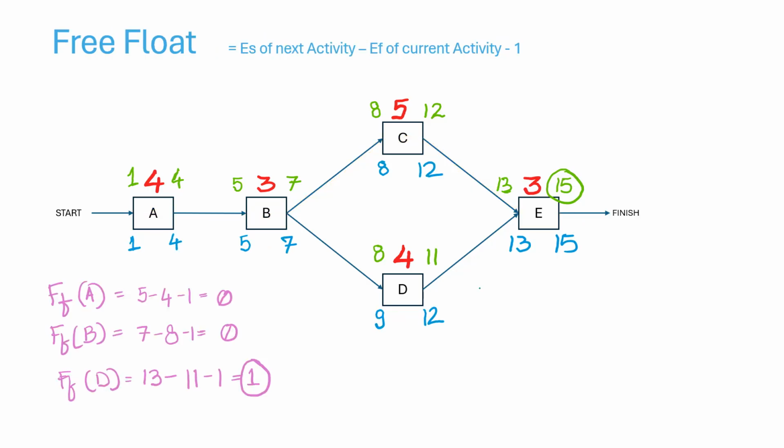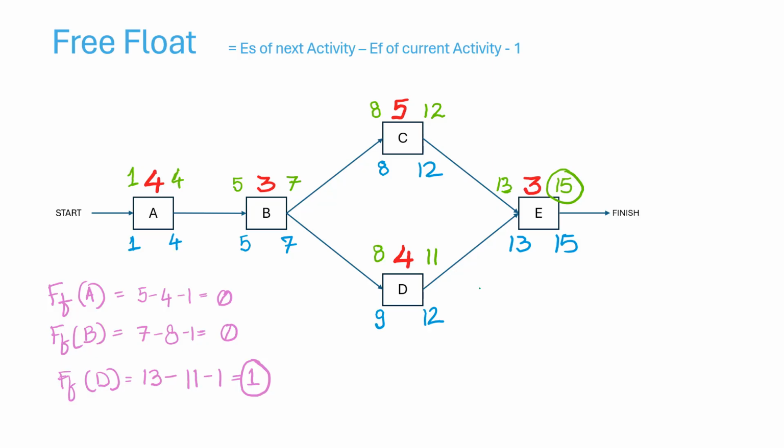And as we are coming to the end of the lesson, I want to conclude with one more concept called free float. Earlier we had talked about float, just float, or total float. This is a little confusing. Free float is calculated for individual activities, and total float was for the entire project.